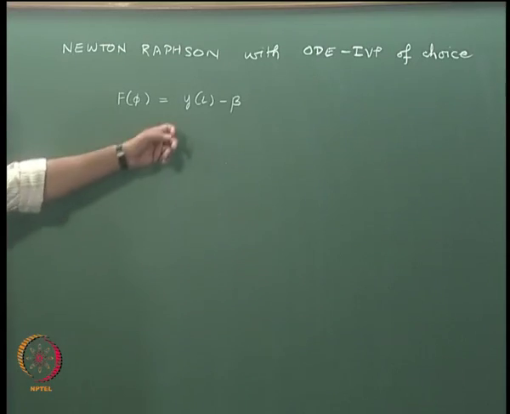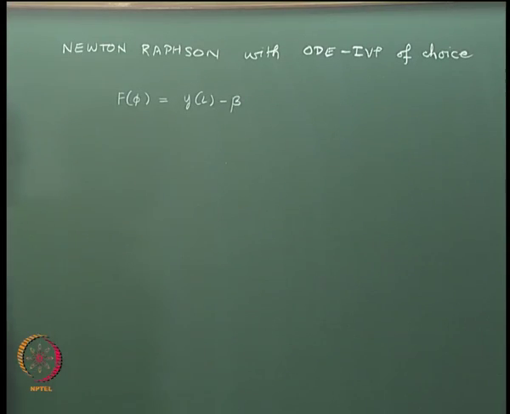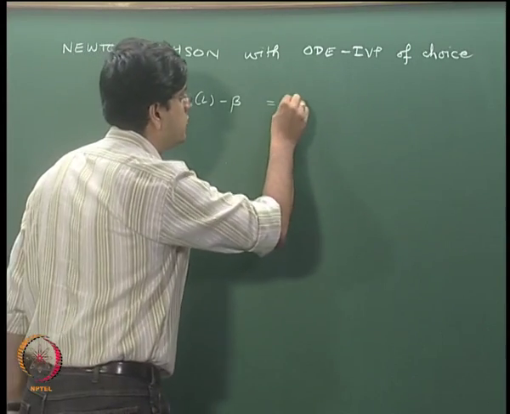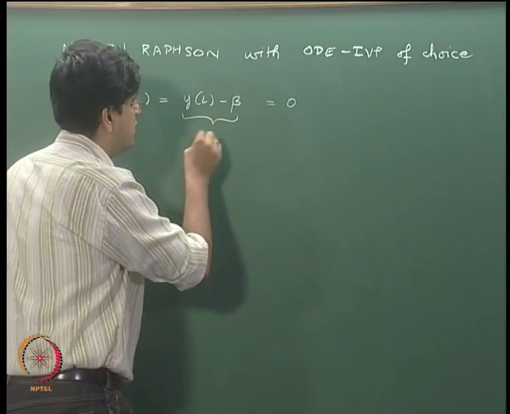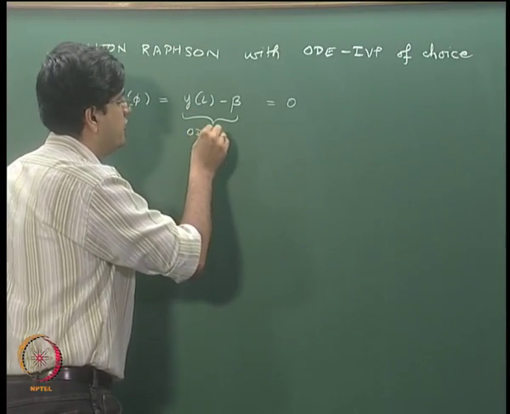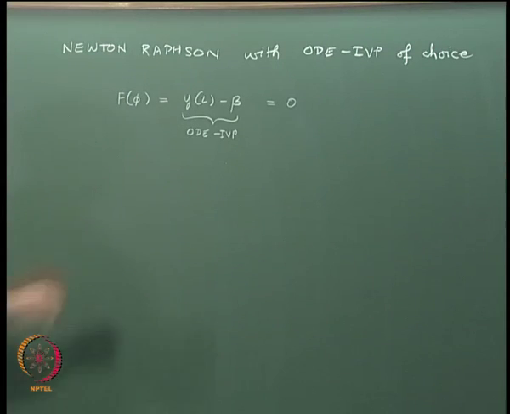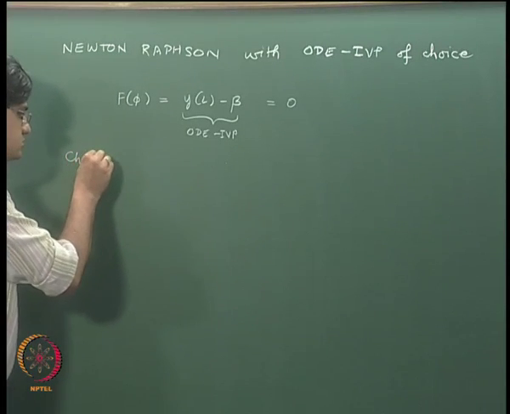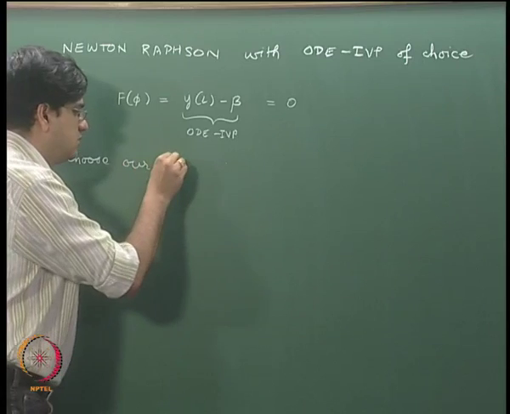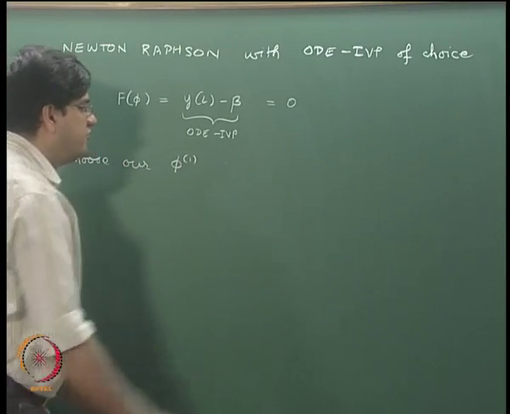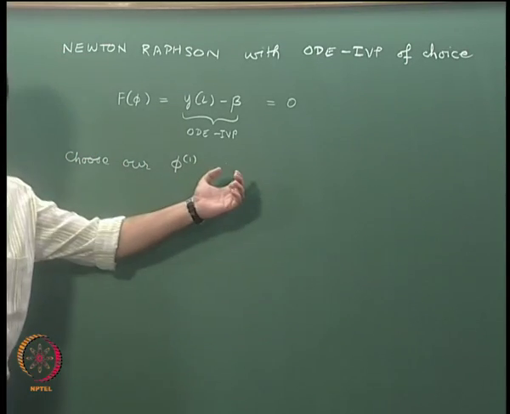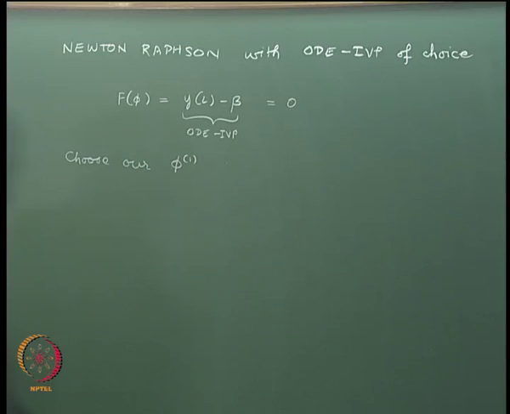So this is the definition of f of phi, which should be equal to 0. This is obtained of course by solving the ODE IVP. So we choose our phi 1, that is our initial guess of phi.